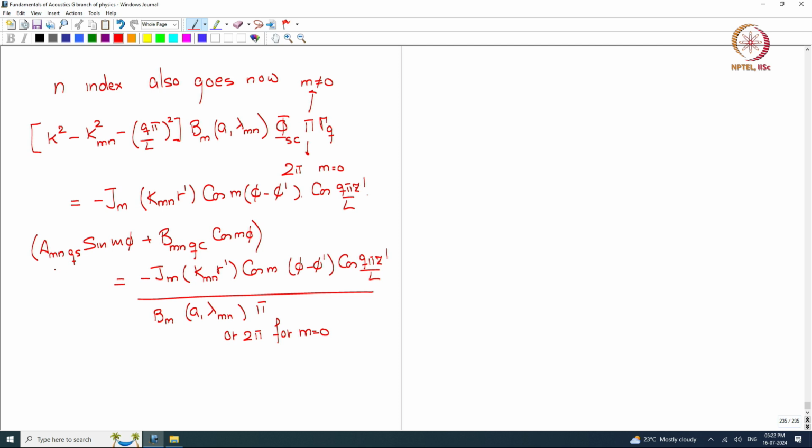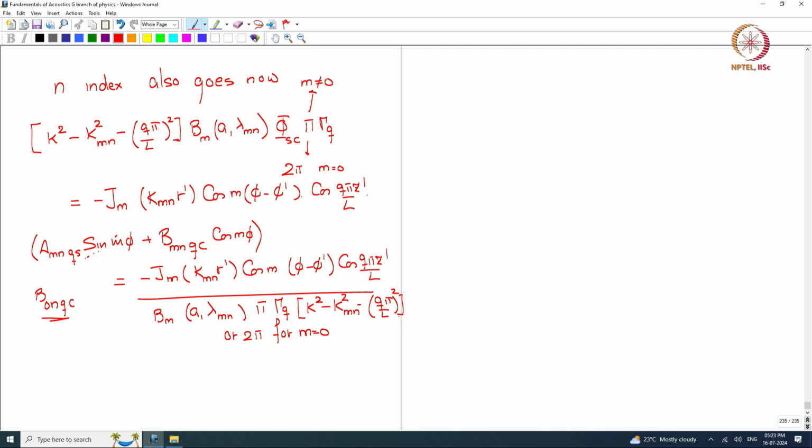When m goes to 0, this will be 0 and only b_0nq^c will be available because cos for m = 0 is 1. So that calculation has to be separately noted. Γ_q (k² − k²_mn − (qπ/L)²).